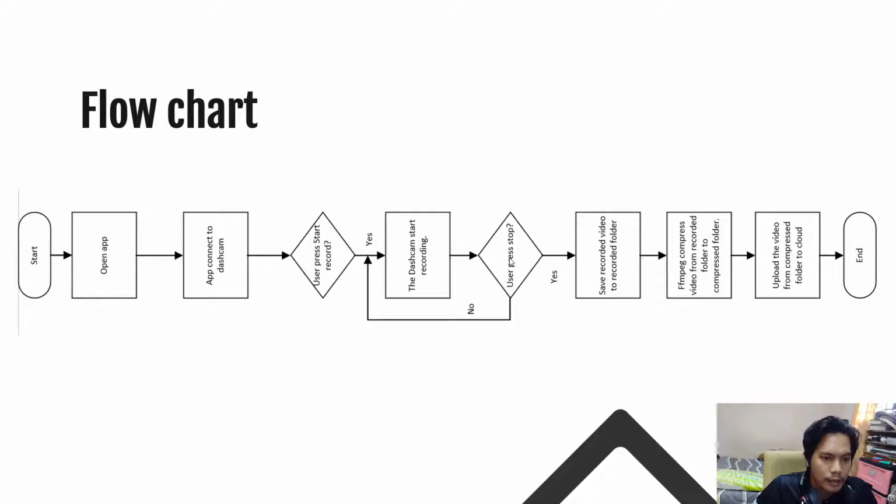If the user presses stop, it will save the recorded video to the recorded folder, and the FFmpeg will compress the video from the recorded folder to the compressed folder, and it will upload the video from the compressed folder to the cloud, and then the end.